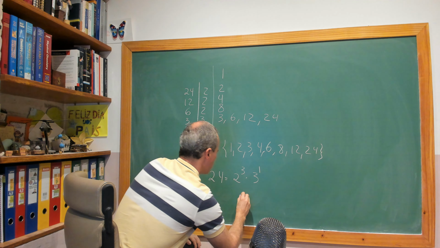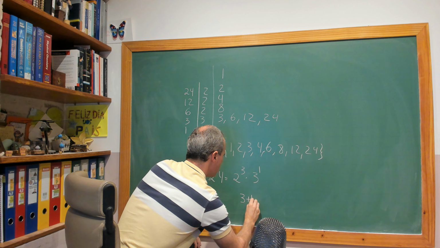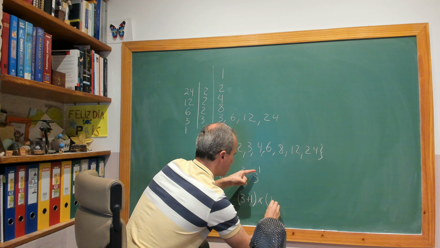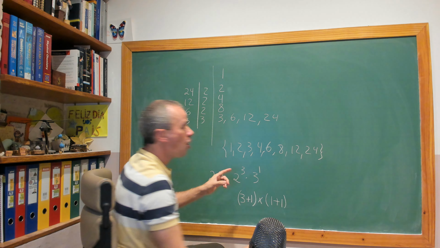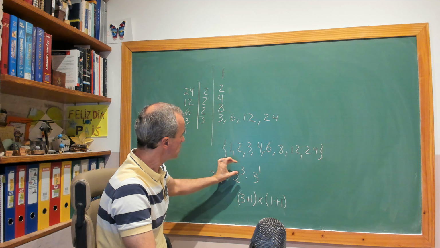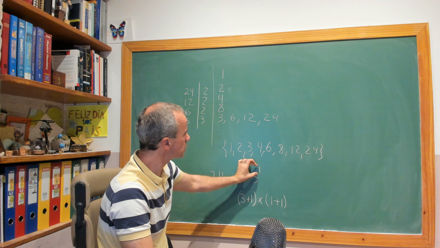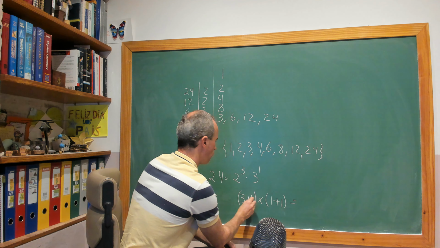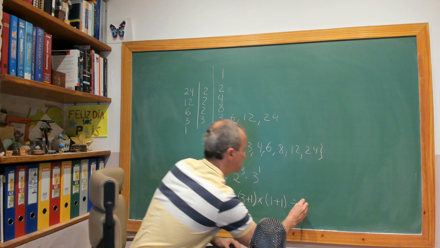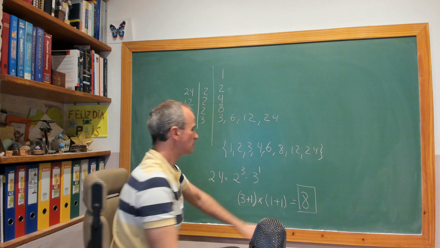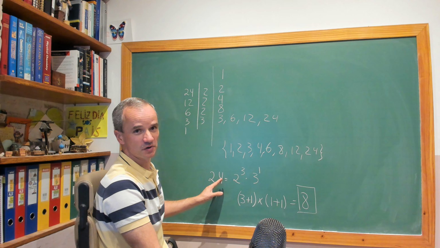So 3 plus 1 times 1 plus 1. You have to have the prime factorization, then add 1 to each index and multiply. So 4 times 2, 8. This is the amount of factors we have for this number.